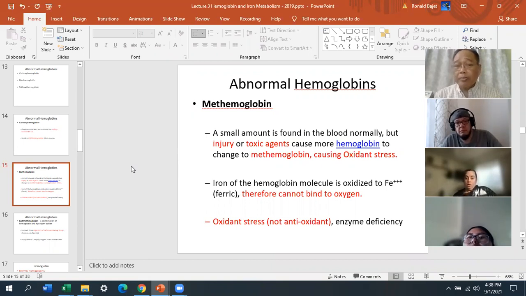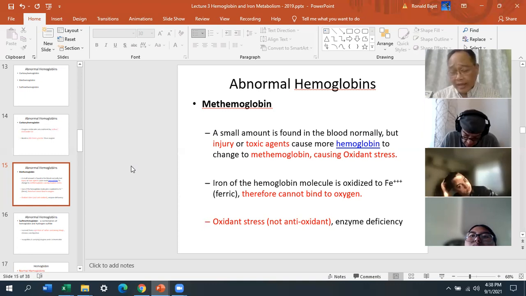So the problem with methemoglobin is that this type of hemoglobin will not deliver oxygen to the tissues. That's caused by oxidant stress, as opposed to antioxidant. And there's an enzyme deficiency disease, G6PD deficiency, glucose-6-phosphate dehydrogenase, that you may or may not have heard of.